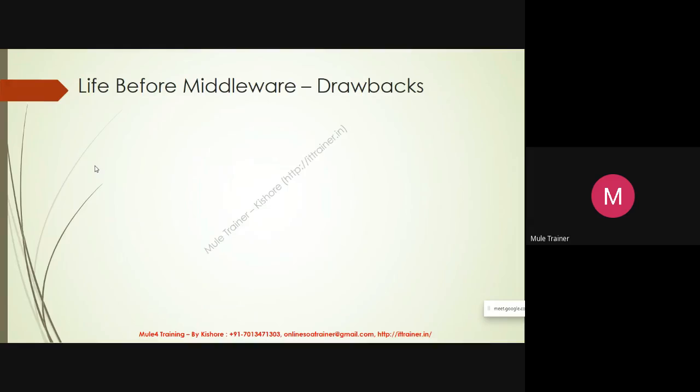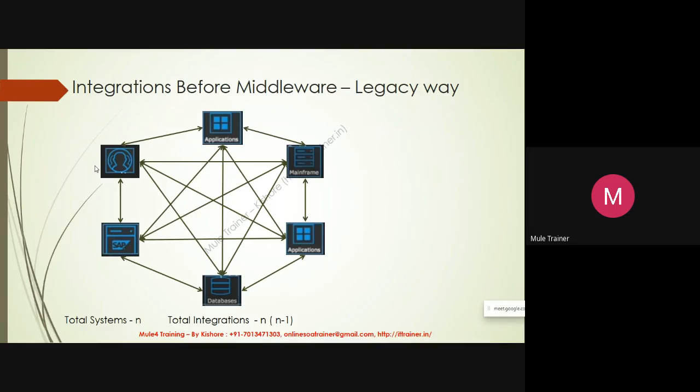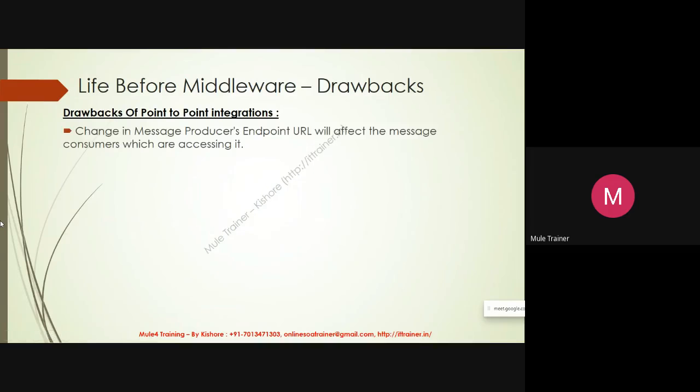But let's first look at the drawbacks, just a few theoretical points. Drawbacks of point-to-point integrations. These are called point-to-point integrations because this arrow starts at one point and ends at another point, combining the two points.